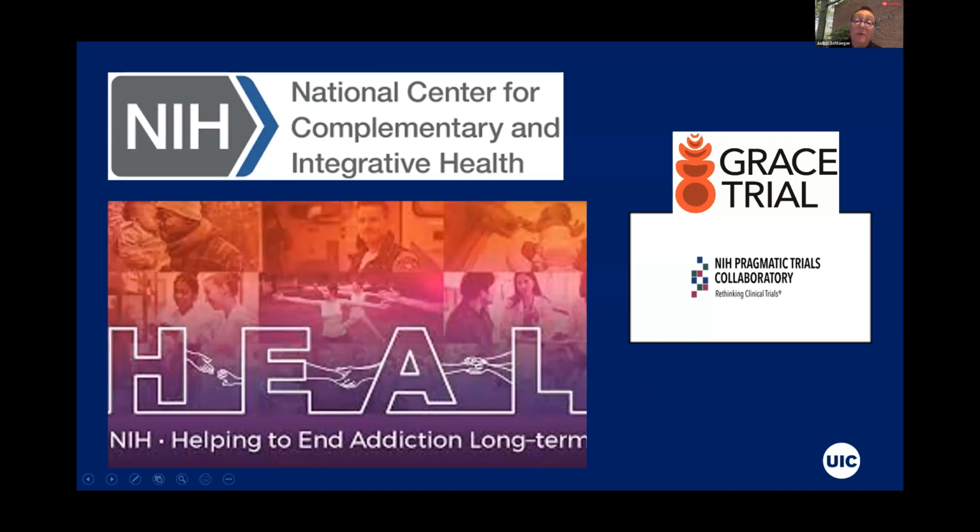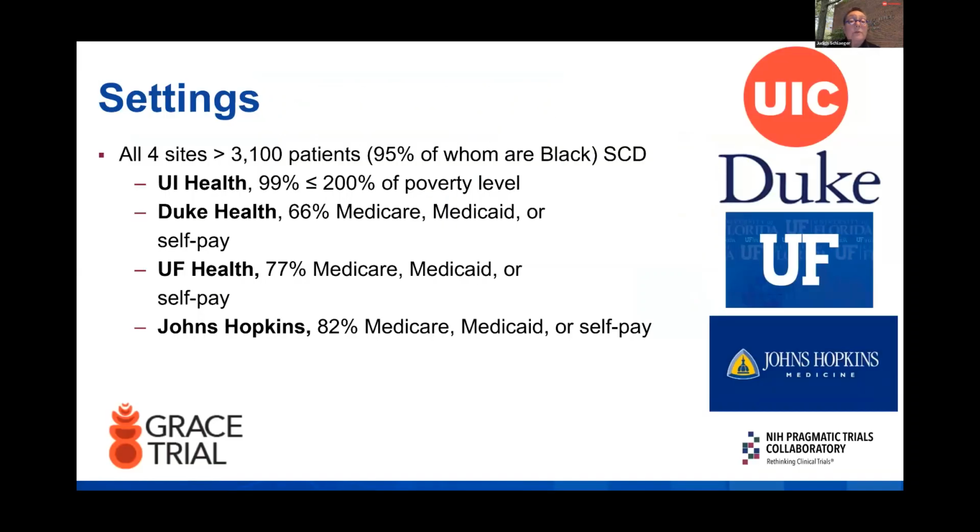So here is what's called the NIH Pragmatic Trials Collaboratory, which we are also a part of in the study. And here is our logo, the GRACE trial. So this study takes place at 4 sites, as I mentioned, at University of Illinois, Chicago, Duke in North Carolina, University of Florida in Gainesville, and Johns Hopkins in Baltimore, Maryland.